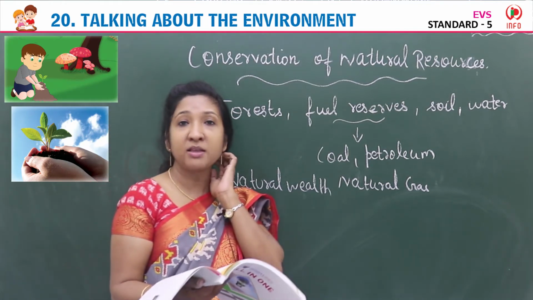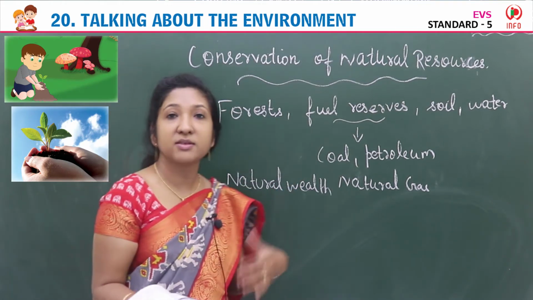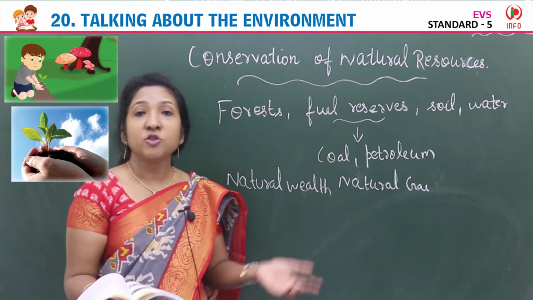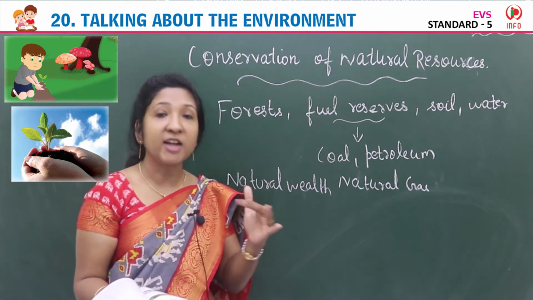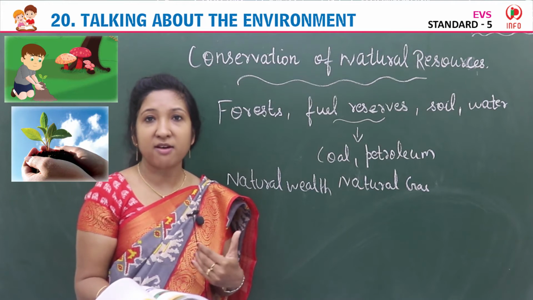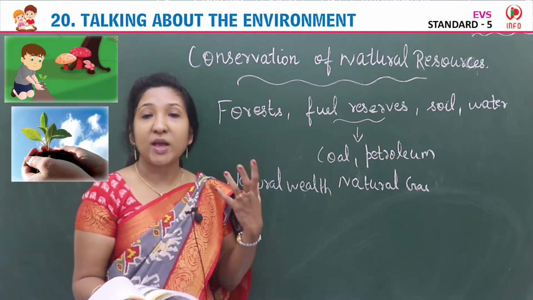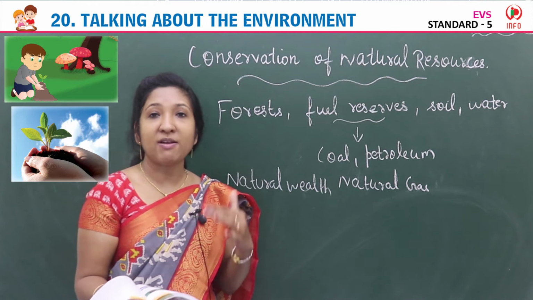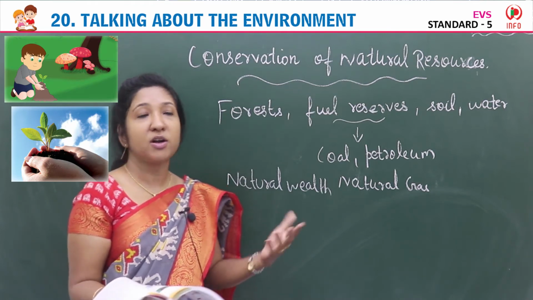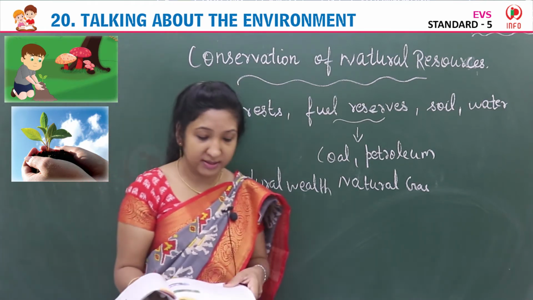So we human beings depend upon these resources directly and indirectly to live on the earth. Then only we can continue our life on the earth. We need these natural resources.